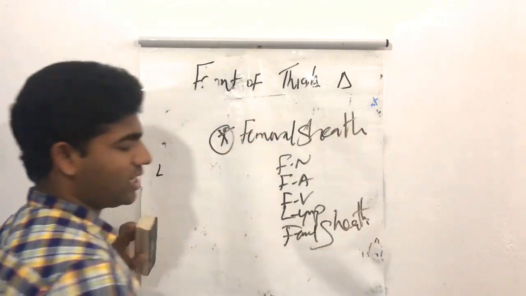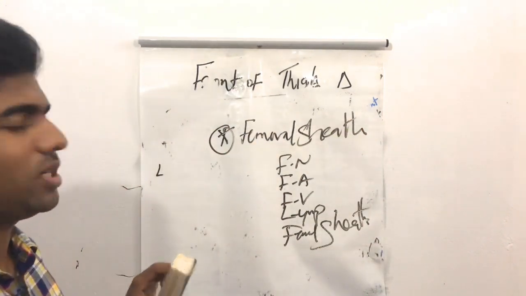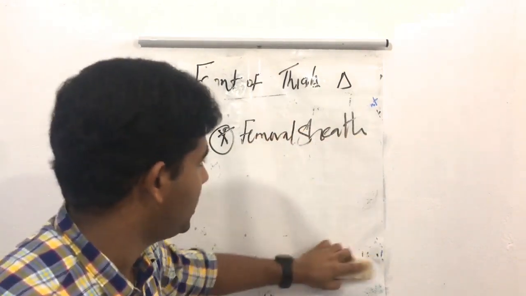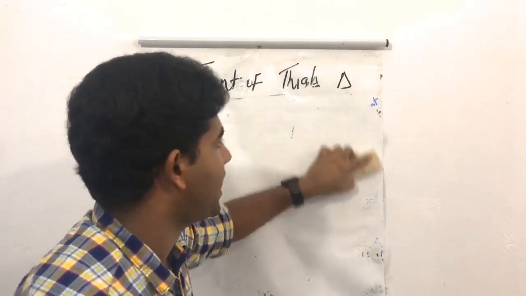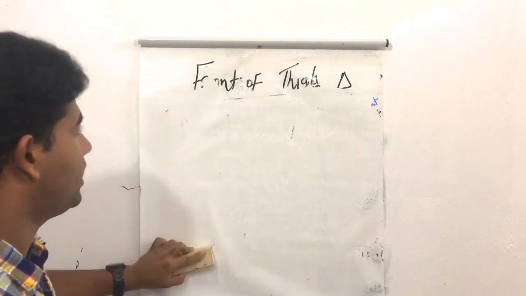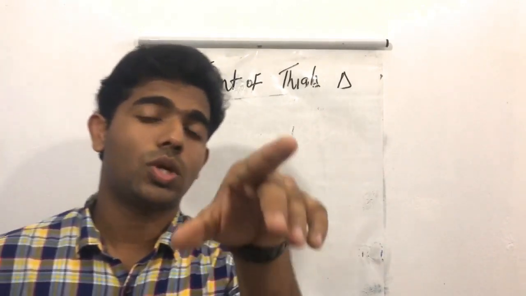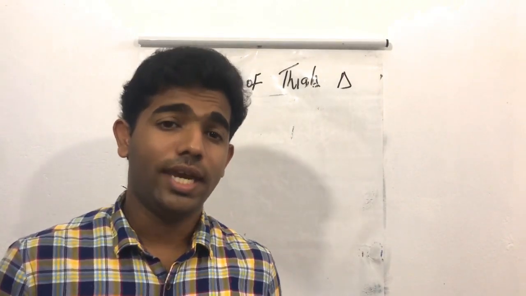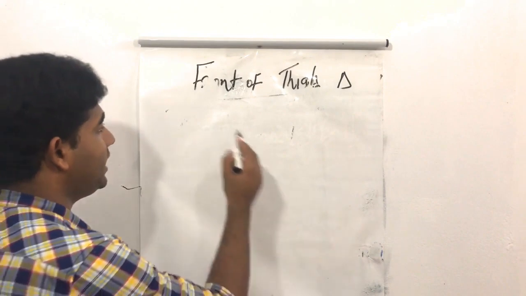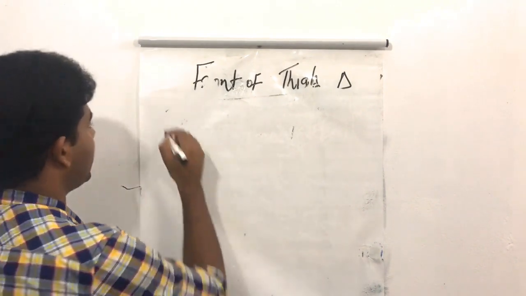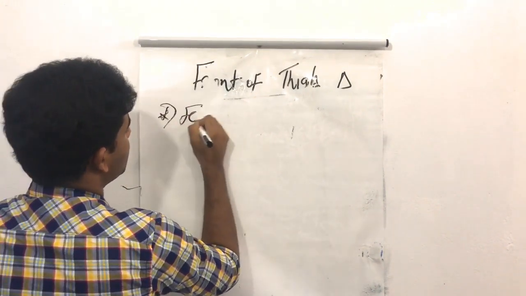That is what we have to study later. Again, it is a 3 marks question, or it is an important question. Even if you forget to write one of the nerves, don't forget to write femoral sheath. Okay. Now we are going to study the next concept, that is the femoral sheath.